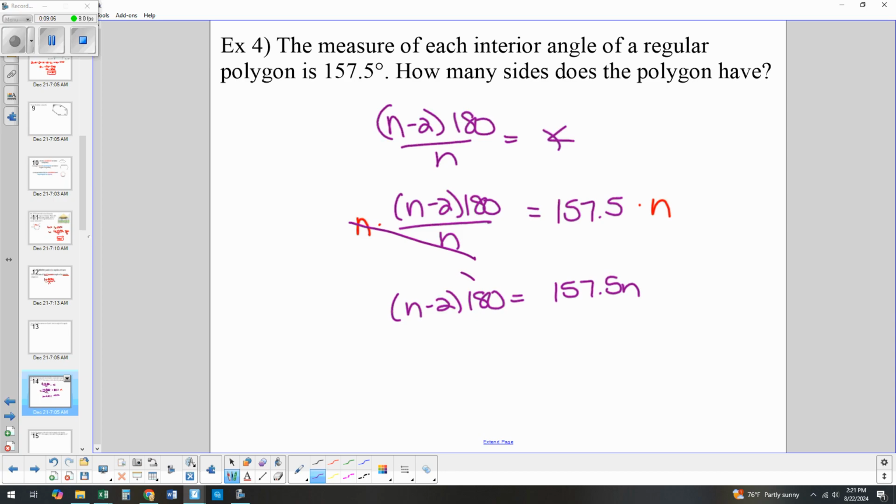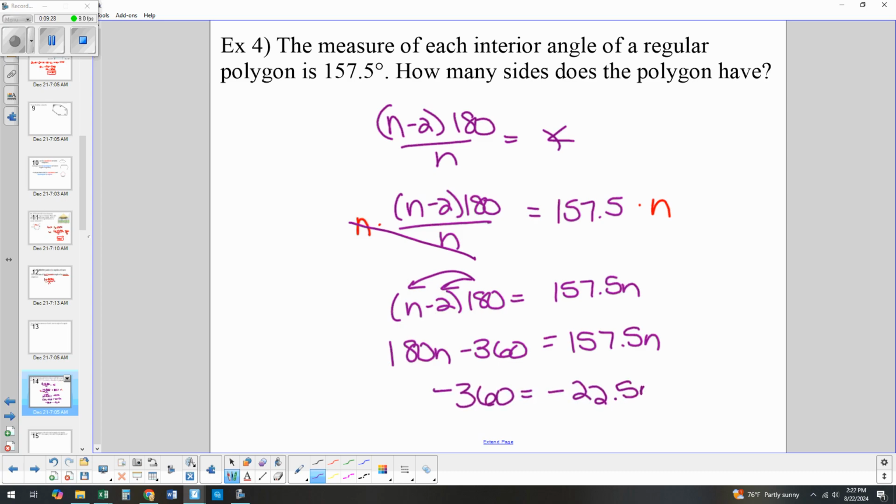I'm going to distribute the 180 to everything in my parentheses. So that's going to be 180n minus 360 equals 157.5n. I'm going to subtract 180n from both sides. So this is going to be negative 360 equals negative 22.5n.